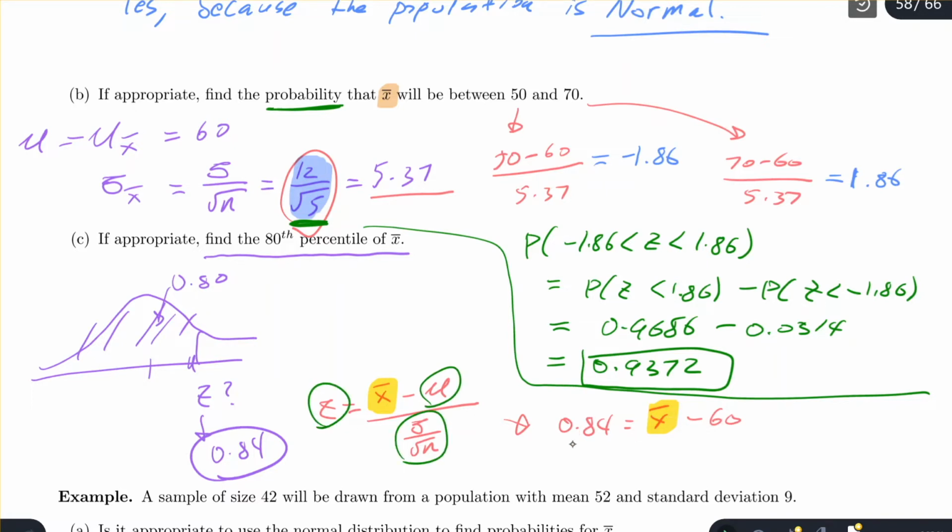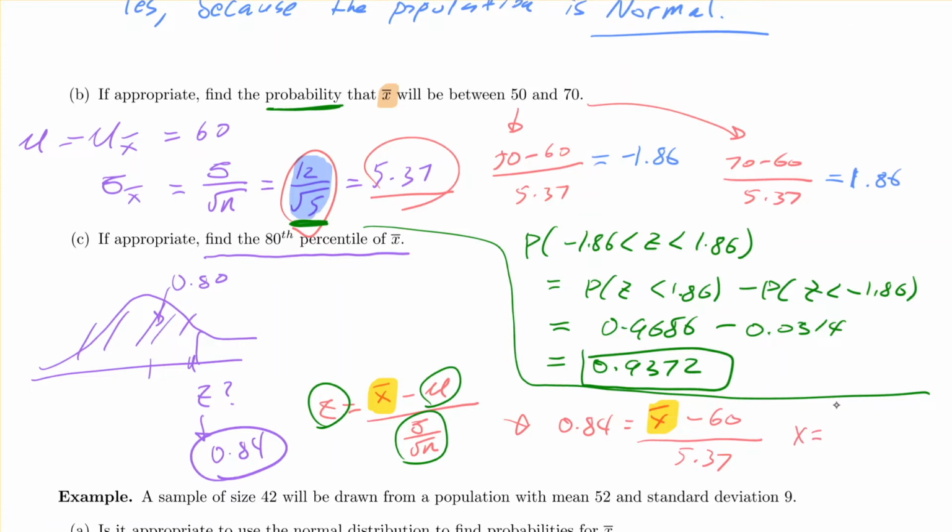So let me write that here. 0.84 is the z-score. We're finding X bar. Mu, the mean, is 60. This value I found earlier is 5.37. So solve for X bar: multiply by 5.37 and add 60. Then you get X bar equals 64.51.